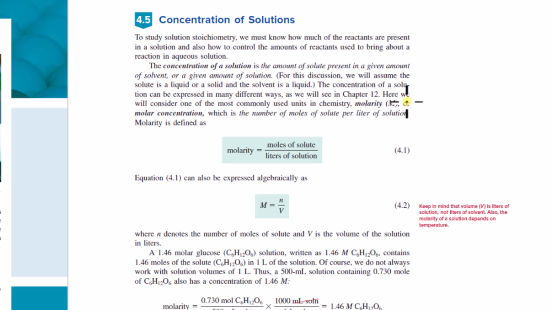But right now we just consider one of the most commonly used units in chemistry, molarity, or molar concentration, which is the number of moles of solute per liter of solution. So again, to express the amount of a substance present in a solution, one of the most commonly used units is molarity, where you're referring to the concentration of one of the solutes.